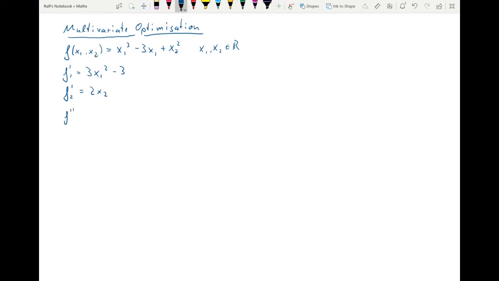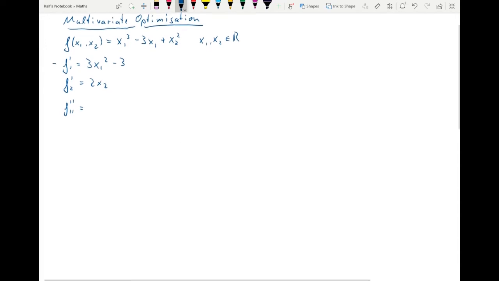The second order partial derivative with respect to x1 and x1: we're finding the partial derivative of that first order partial derivative with respect to x1 again, and that is 6x1. Then the second order partial derivative 1, 2: we take that first order partial derivative, but now the partial derivative with respect to x2, and that's just 0 because x2 doesn't appear.